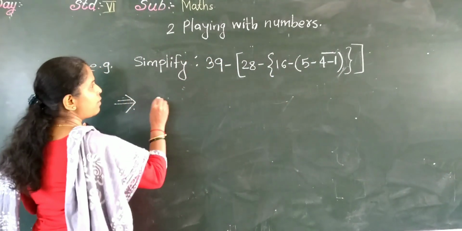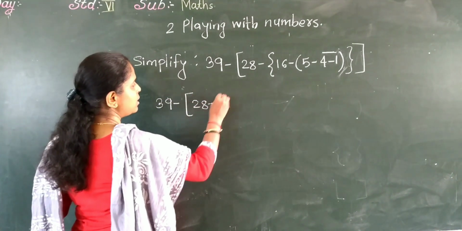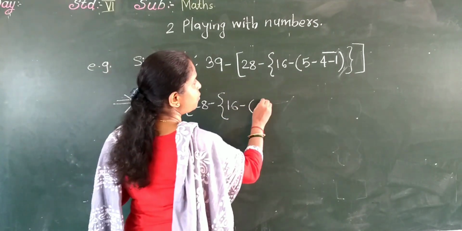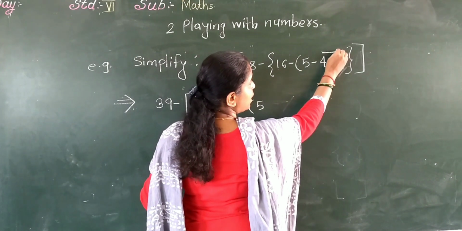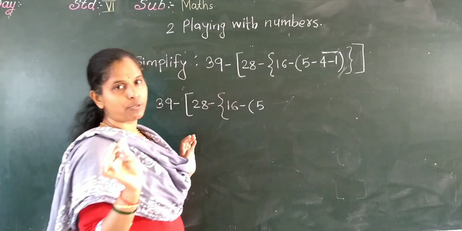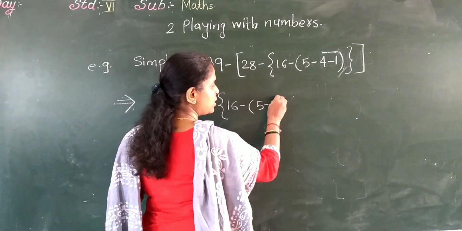So see here, I will write 39 minus, other things I will write as they are. 16 minus 5, also as it is. Now minus, where the bar is there, 4 minus 1. This I will solve first. 4 minus 1 is 3. This minus I also write as it is.